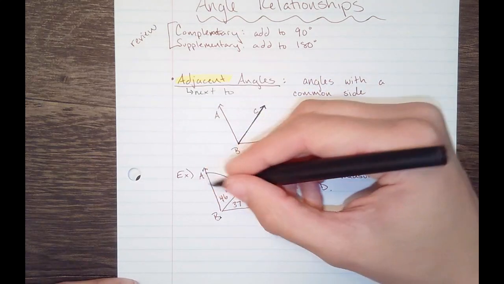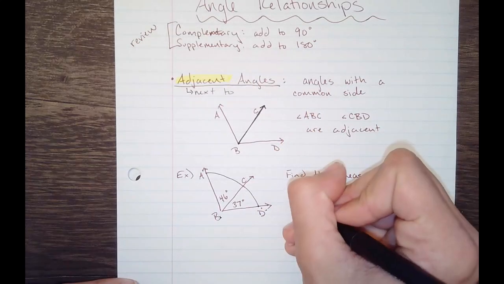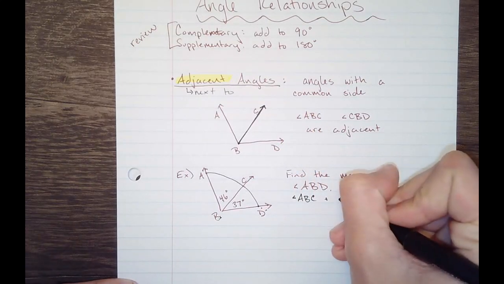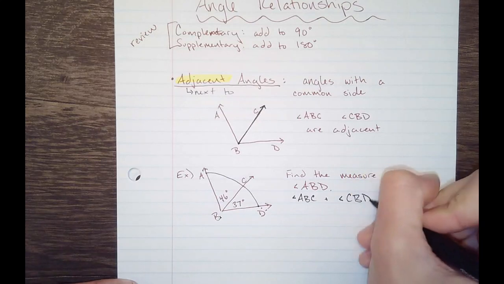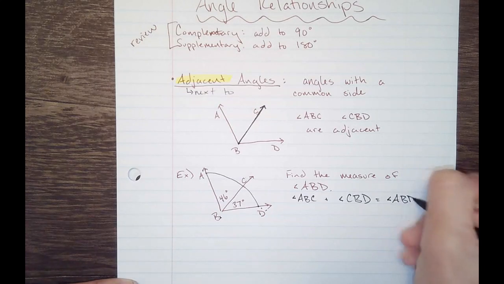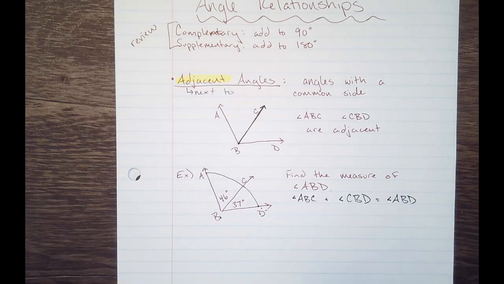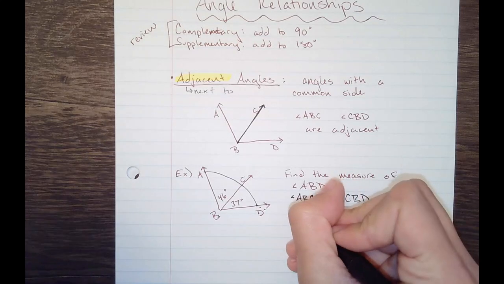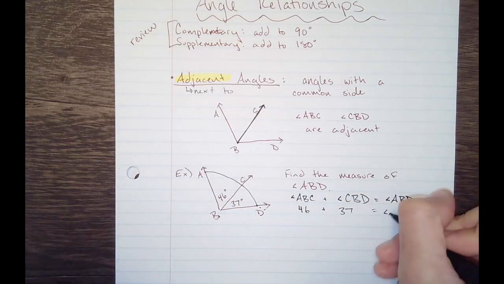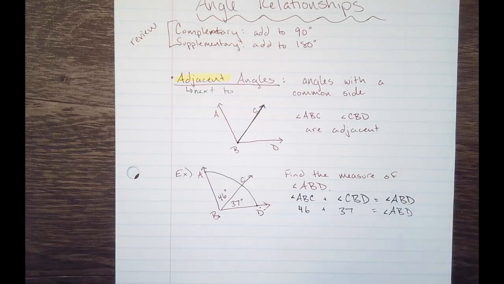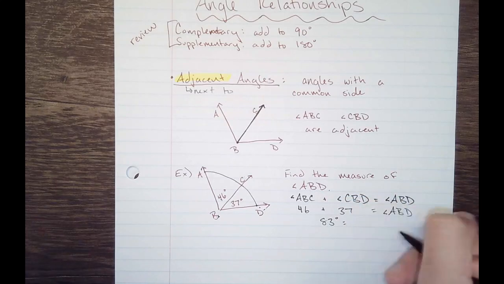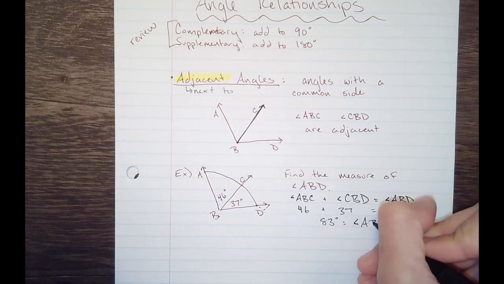So take angle ABC and we're going to add angle CBD, and give us our larger angle of ABD. So we can say that 46 plus 37 is going to equal angle ABD, which means angle ABD is going to be 83 degrees.